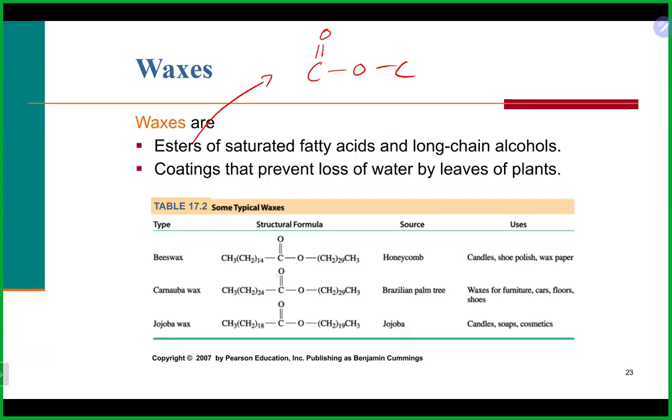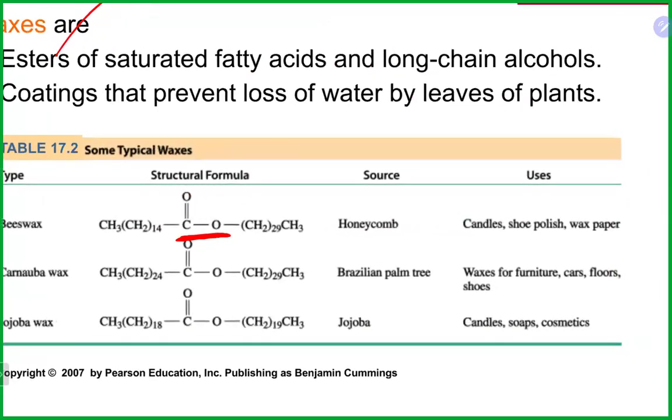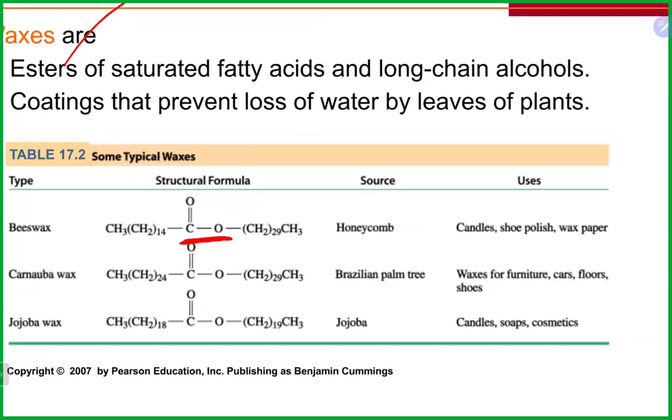And that's what we see right about here. And beeswax, carnauba wax, as you can see, again, is our fatty acid part, which would be from this side. It's our fatty acid part. Over here is our long chain alcohol part.